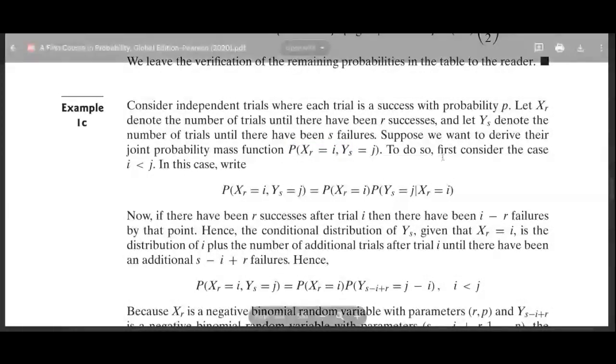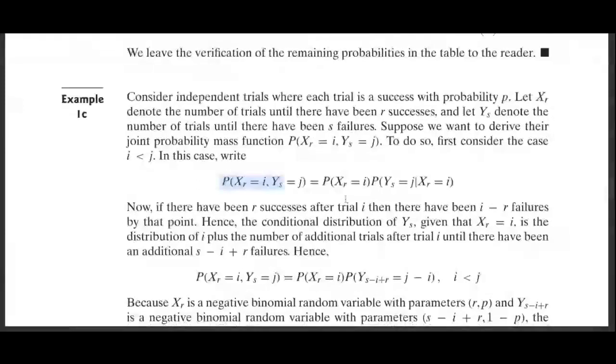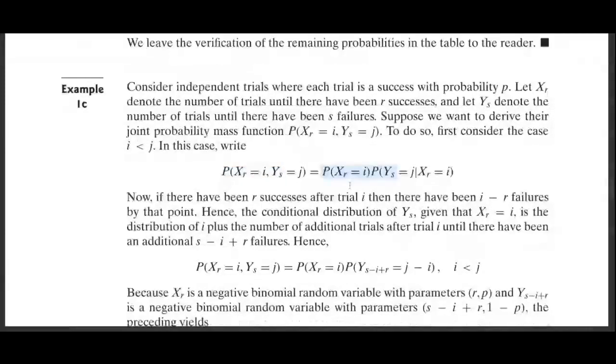Oh, okay, that basically means the number of successes is less than the number of failures. So the probability of X_r = i and Y_s = j is the probability of X_r = i multiplied by the conditional probability of Y_s = j given X_r = i.